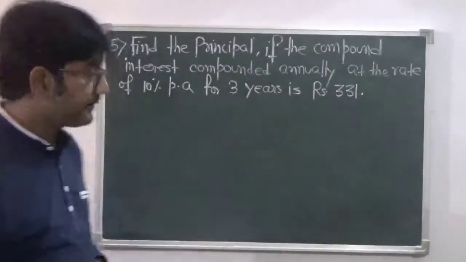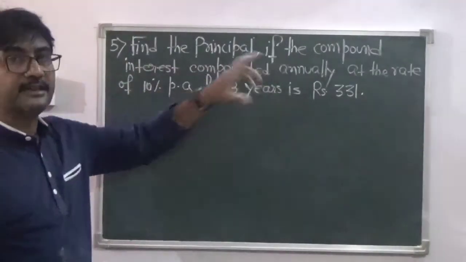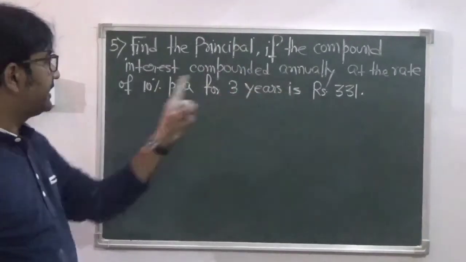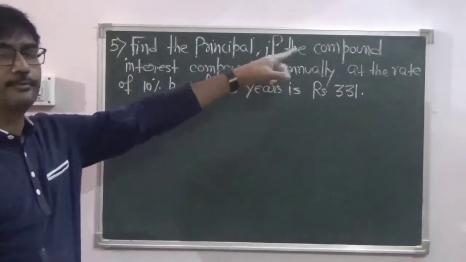So the question is, find the principal, that means P is unknown here. If the compound interest compounded annually at the rate of 10% per annum for 3 years is rupees 331.